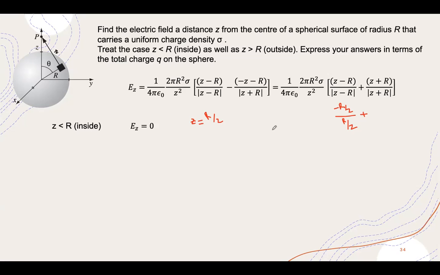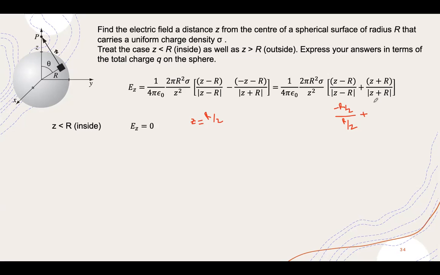Let me see the expression, because I think some minus-plus sign is messing up. It should cancel out, and therefore you're going to see that the electric field is going to be 0 here.